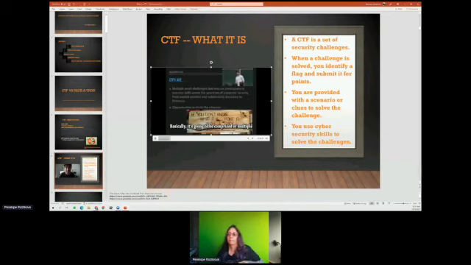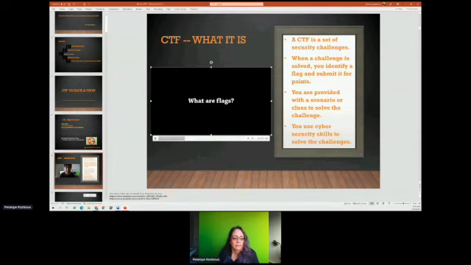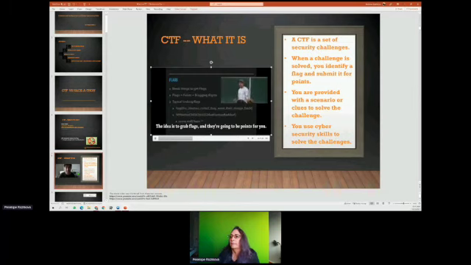Basically, it's going to comprise multiple services or challenges that are put together for you to go out and practice your security skills. The idea is to grab flags, and there are going to be points for you. And a virtual CTF flag will look like one of these two probably down here.